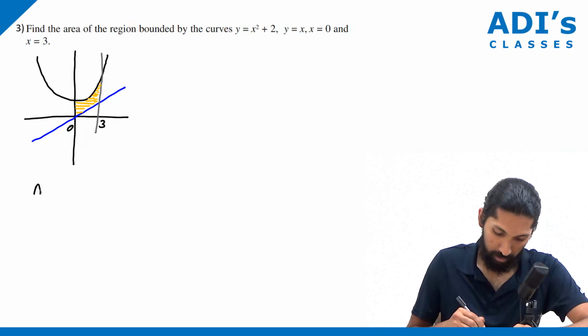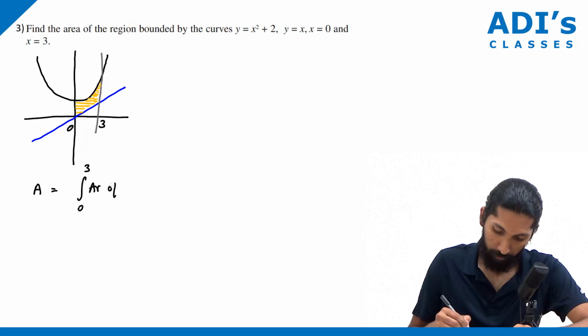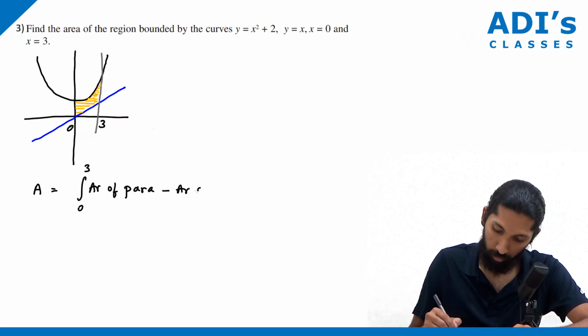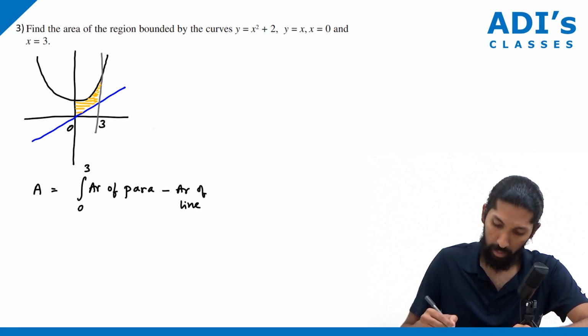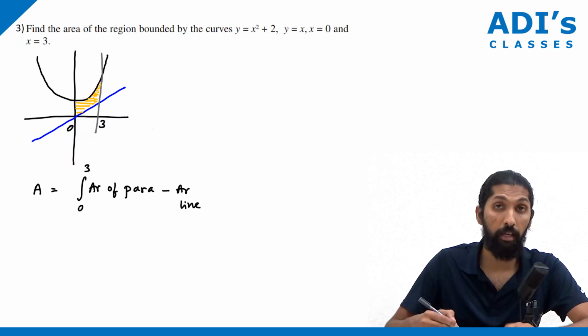Okay. So here, first what do we have? The area is the integral from 0 to 3 of the area of the parabola minus the area under the line. I think that particular phrase, area under the line, makes more sense rather than saying area of the line.